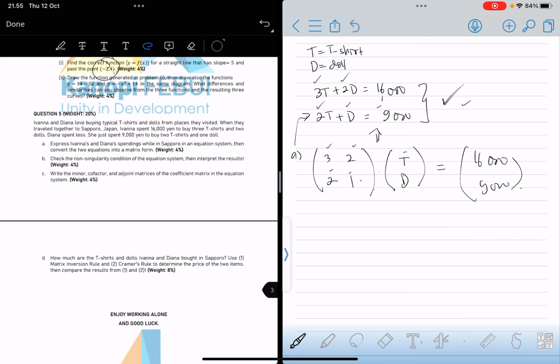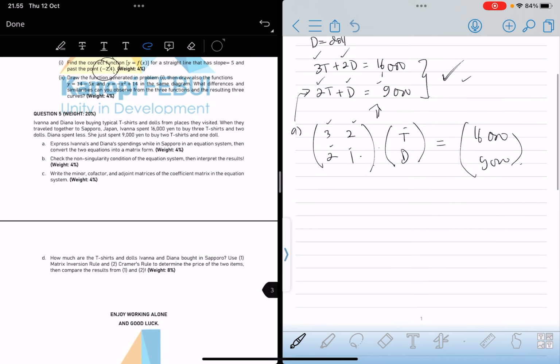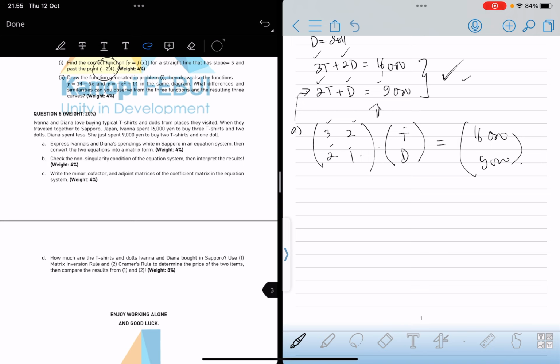So that's the first question. And how about the second one? Check the non-singularity condition of the equation system, then interpret the result. A matrix is called singular if the determinant of the matrix is 0.